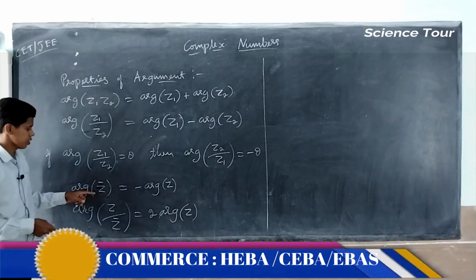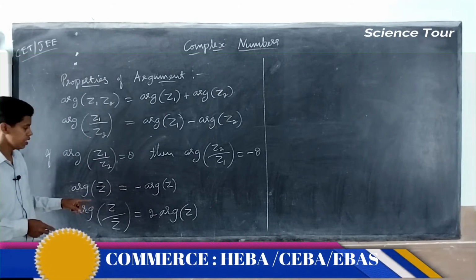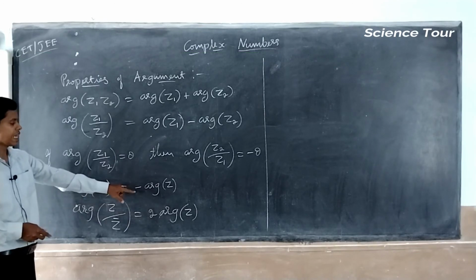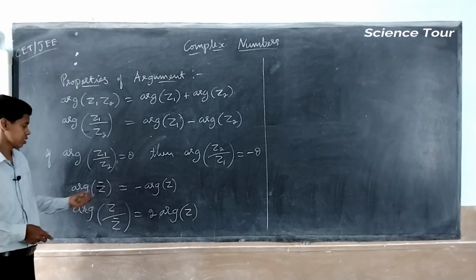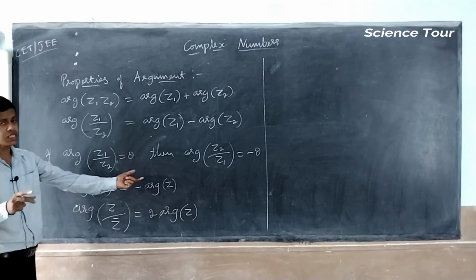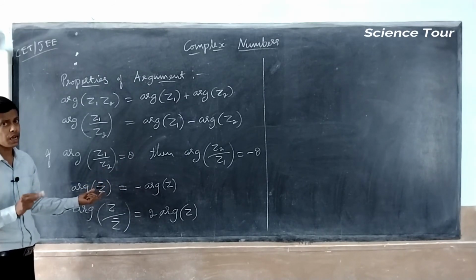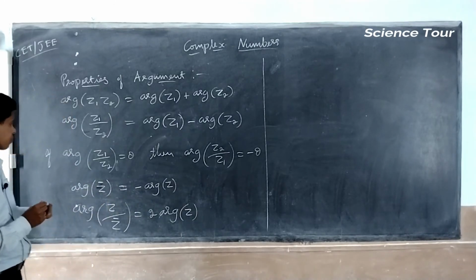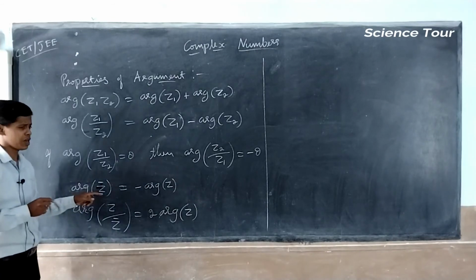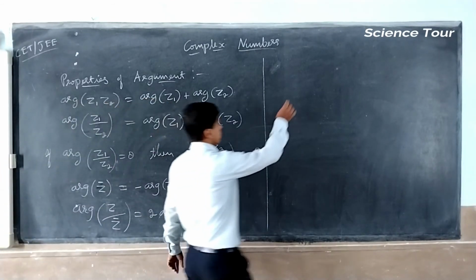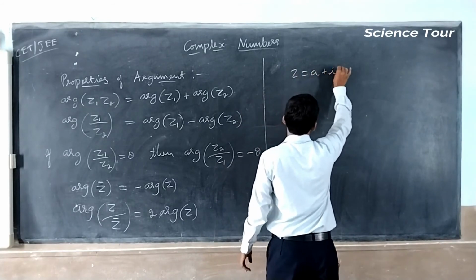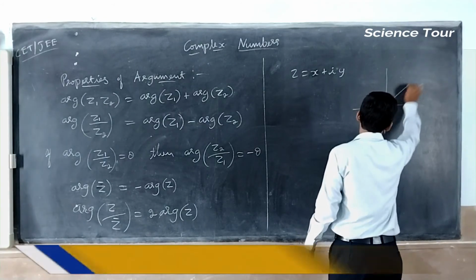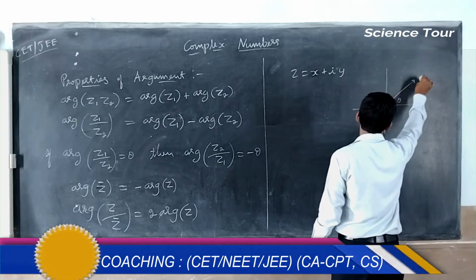That is an important property, and this is another important property: argument of z bar is negative of argument of z. Z bar is the conjugate. If z is a plus ib, z bar is a minus ib, so you will have it on the negative side, because the imaginary part is changing the sign. Understand? Let me take z as x plus iy. Then you have the argument in the first quadrant, correct?